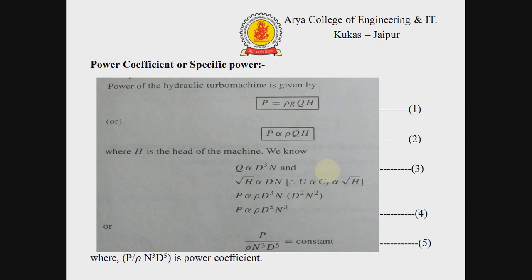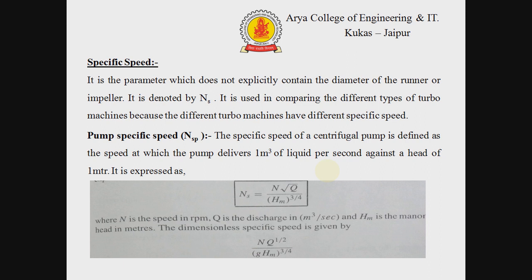This relation is obtained by putting the values of Q and H in equation number 2, and we get equation 4, which shows that P is proportional to rho D to the power 5 N cube, or P by rho N cube D to the power 5 is constant, and it is the power coefficient.